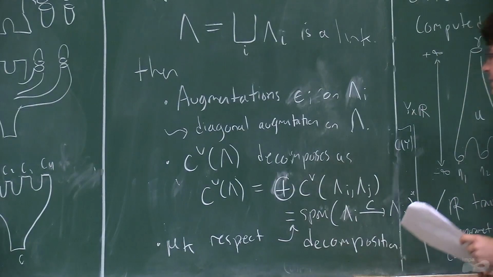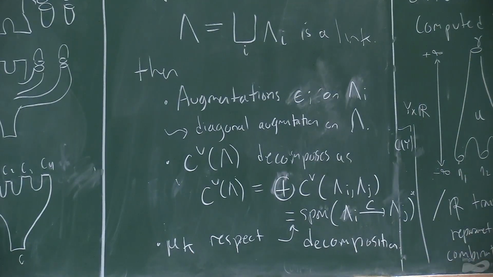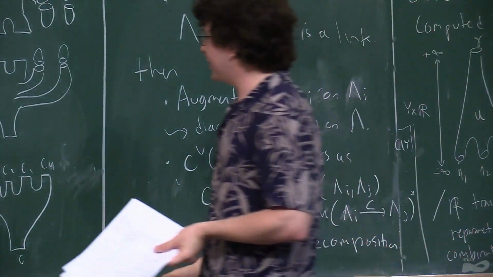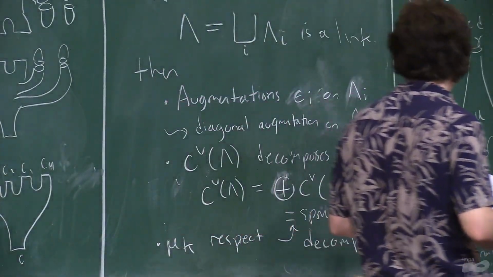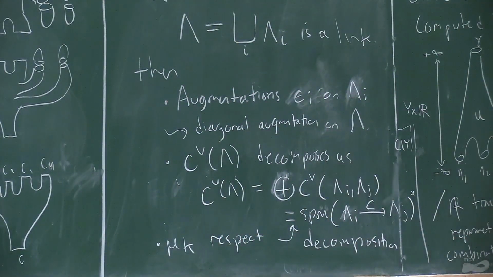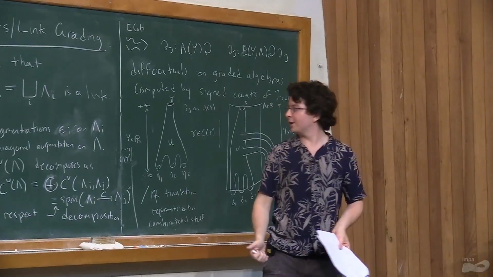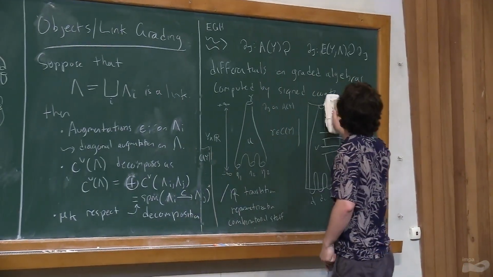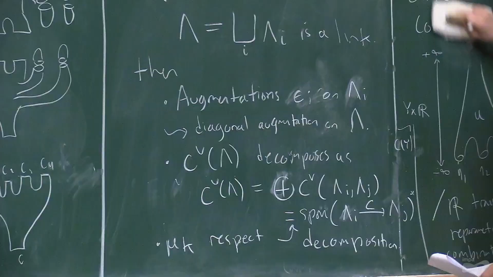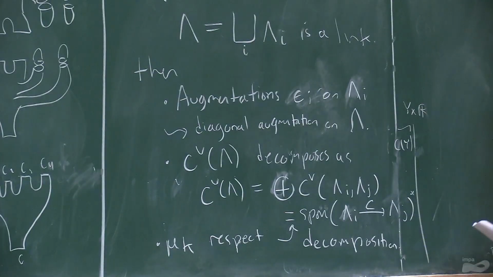So what I mean by that is that if I look at the mu_k operation and I'm looking at a sequence of these chord spaces, then maybe I'll just write it up really quick because it's actually more complicated to say. Okay, it's not going to fit. I wanted it to fit on the bottom of this, but it's not going to happen.